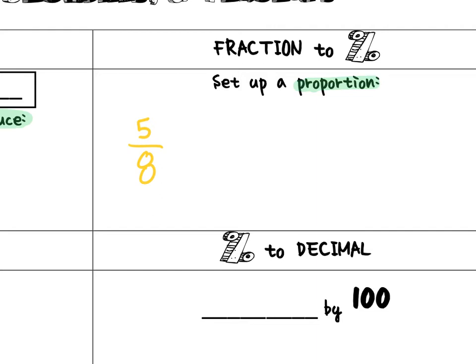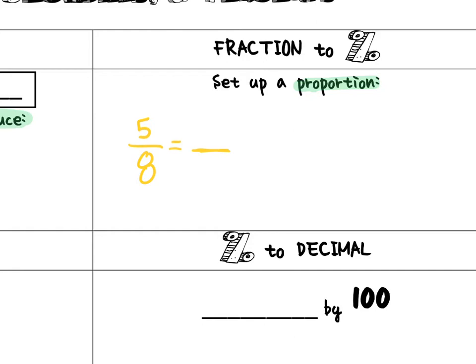So we have this fraction as 5 over 8. To make a proportion, here's what you have to do. You set it equal to another fraction. A proportion is essentially two fractions equal to each other. But here's the deal. With a proportion, usually something is missing. So we are trying to make this fraction into a percentage, right?